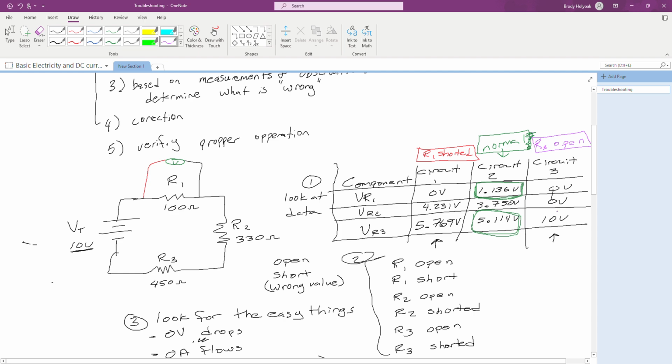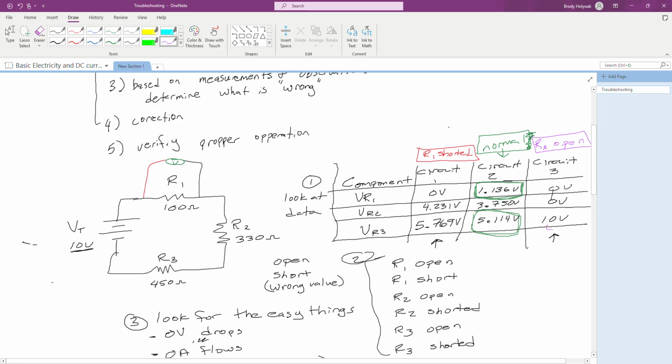This now all of a sudden becomes an easy solution, even though I have multiple components not reading anything, when one of them is reading everything. So in that instance, that becomes an easy situation to determine, hey, there's only one component getting all the voltage. That component is probably open due to its configuration in series, because when we went to measure it, my meter created that connection point, and now all the voltage is being dropped across that meter itself.